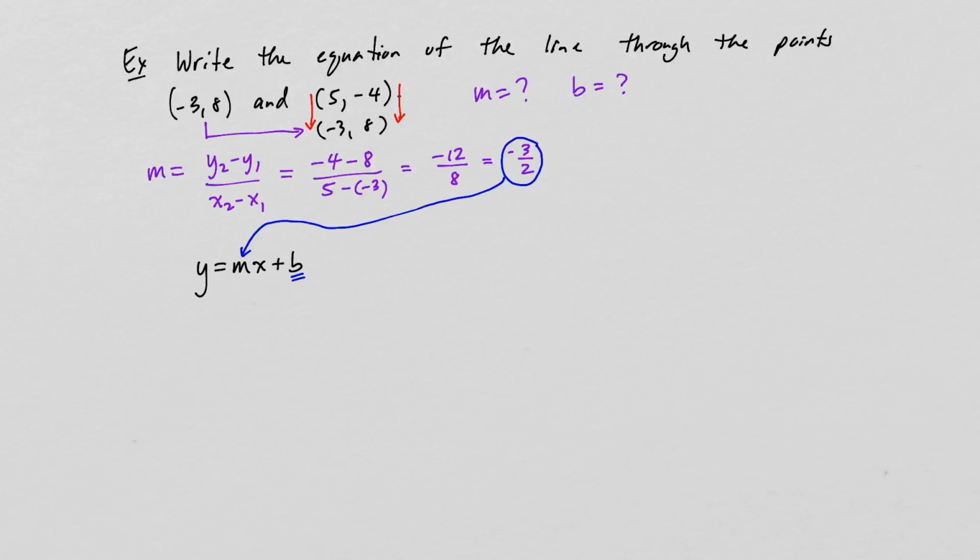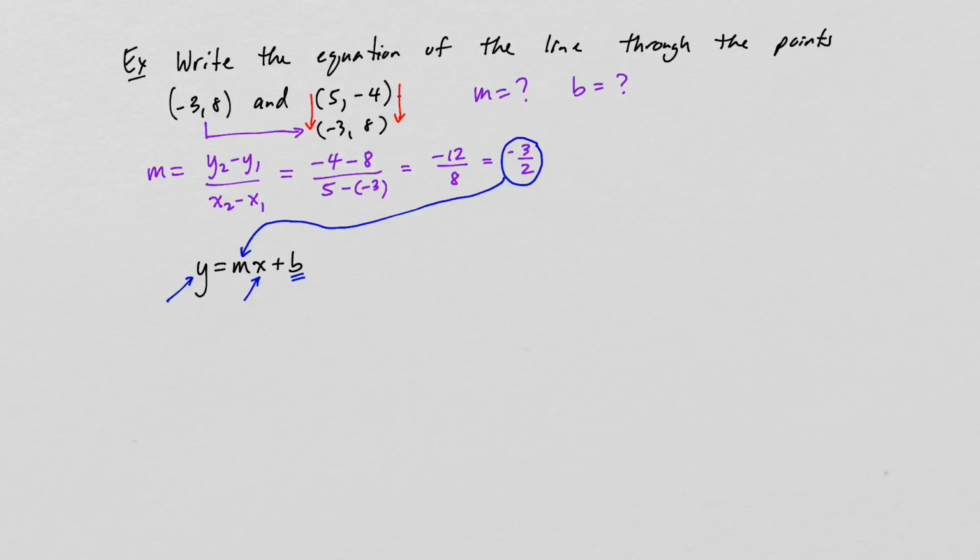Well, to get b, we have to plug in a value for x and a value for y. And you have 2 choices, because in the beginning you were given 2 points. It doesn't matter which point you use. You will get the same answer.